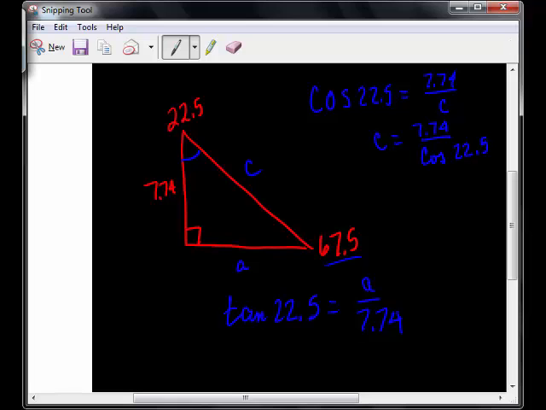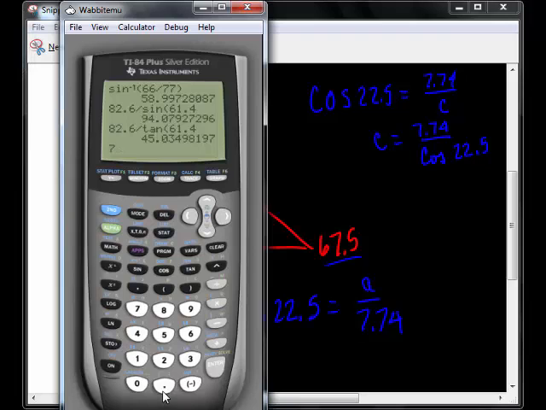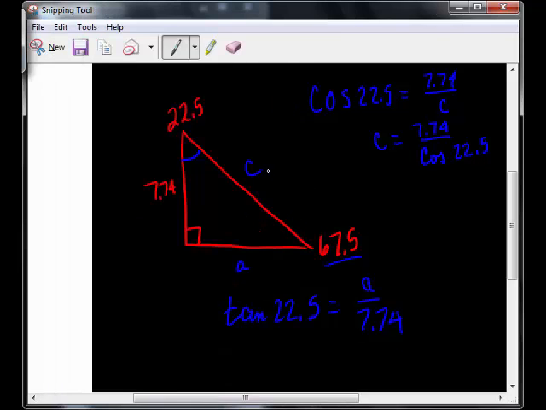And when we do that calculation, 7.74 divided by cosine 22.5, we get 8.37, 8.38. Same thing down here, but remember down here, since we want the A all alone, let's multiply both sides by 7.74.